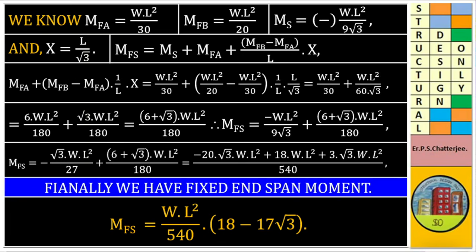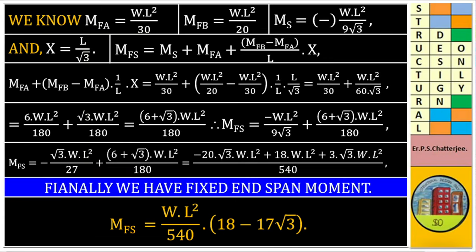Therefore, MFS, the span moment maximum, is equal to minus W L square by 9 into square root of 3 plus (6 plus square root of 3) W L square by 180.